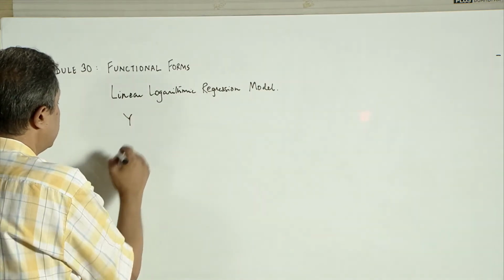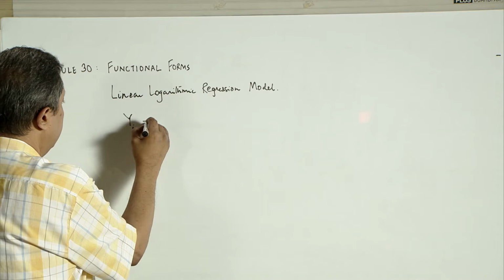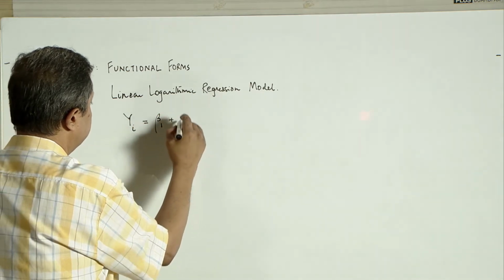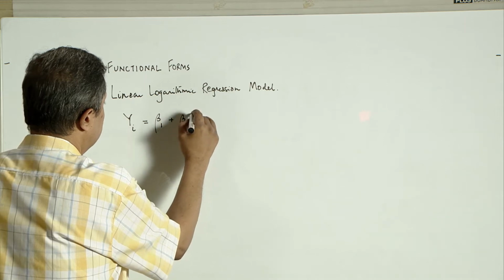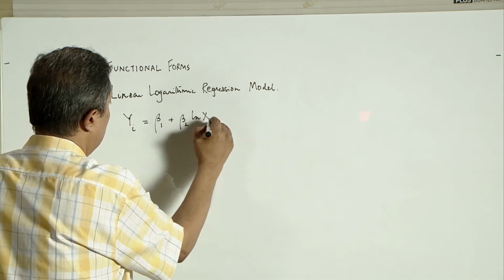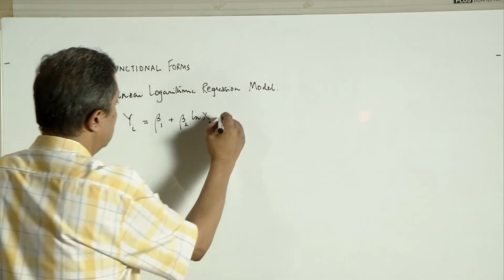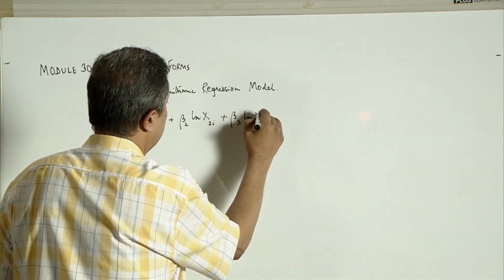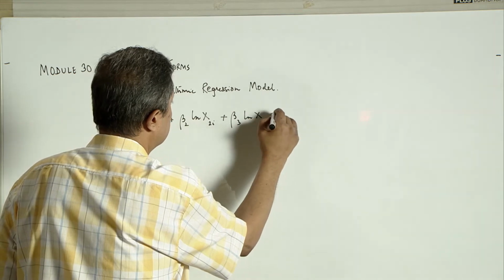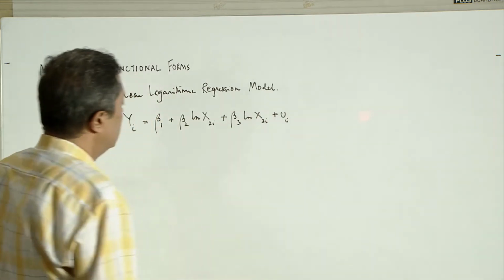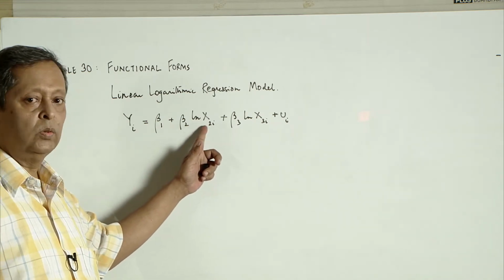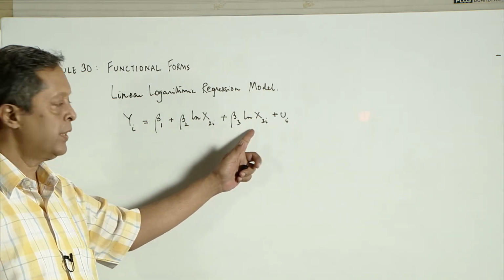An example is y is regressed on log of x2 and log of x3. So, the two regressors are log of x2 and log of x3.